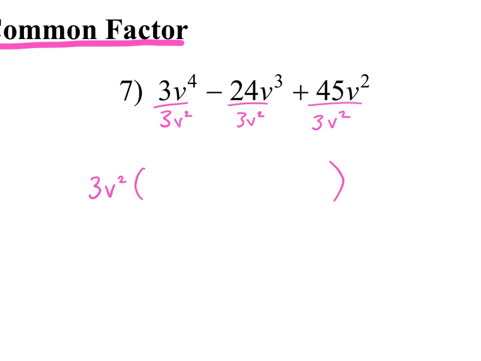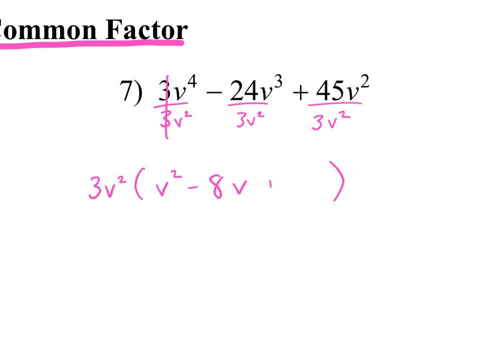What are we left with when we take out 3v squared? So v squared, and then what's 24 divided by 3? 8v, perfect.